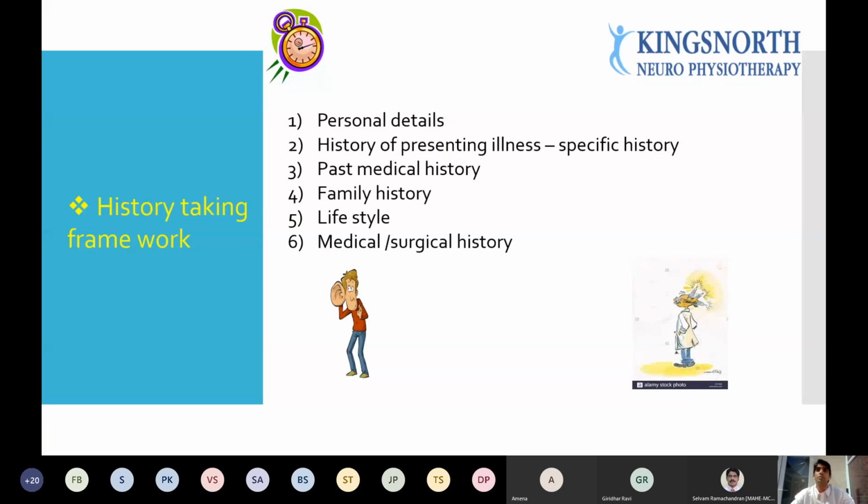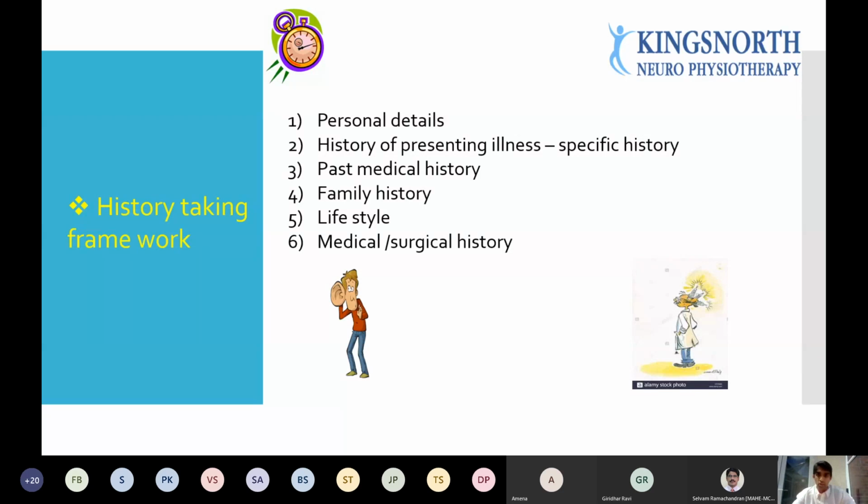This is what will enable us to have very good clinical reasoning, carrying this experience to the next patient.